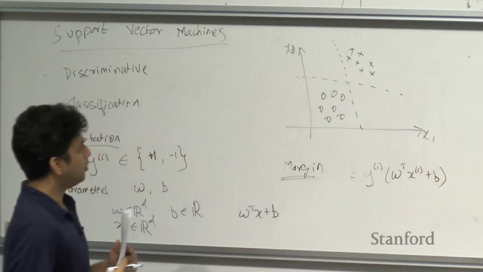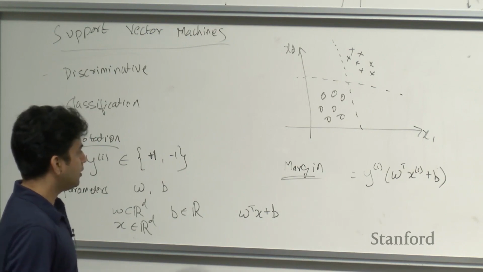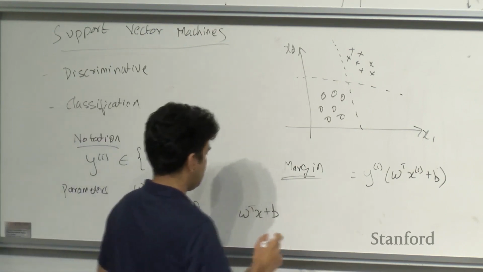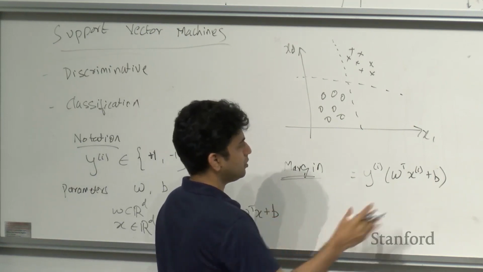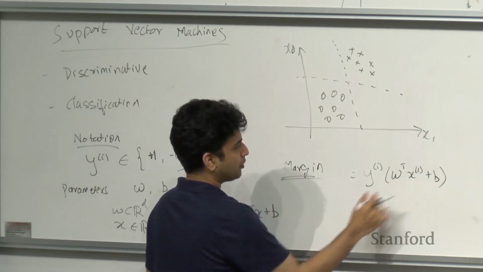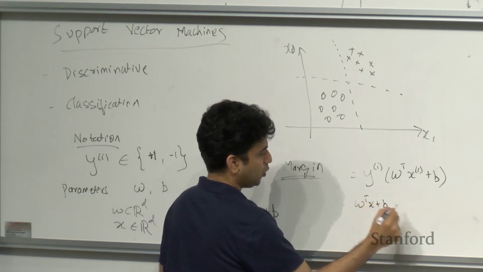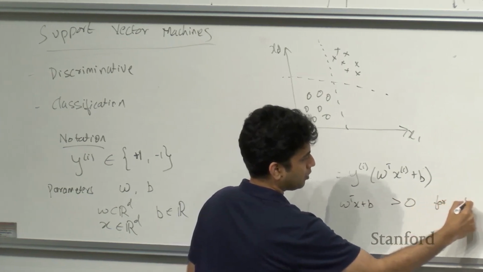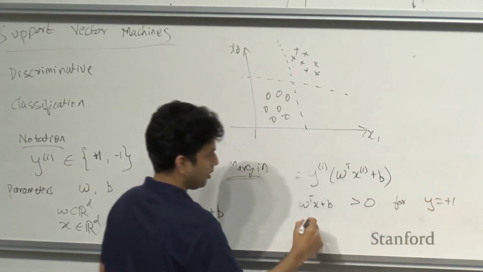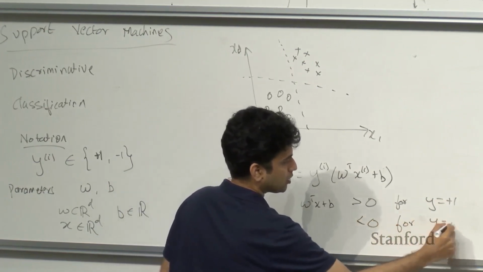Now the idea is again very similar to logistic regression, where for our predicted value W transpose X plus B, we want it to be greater than 0 for y equals plus 1, and less than 0 for y equals minus 1.